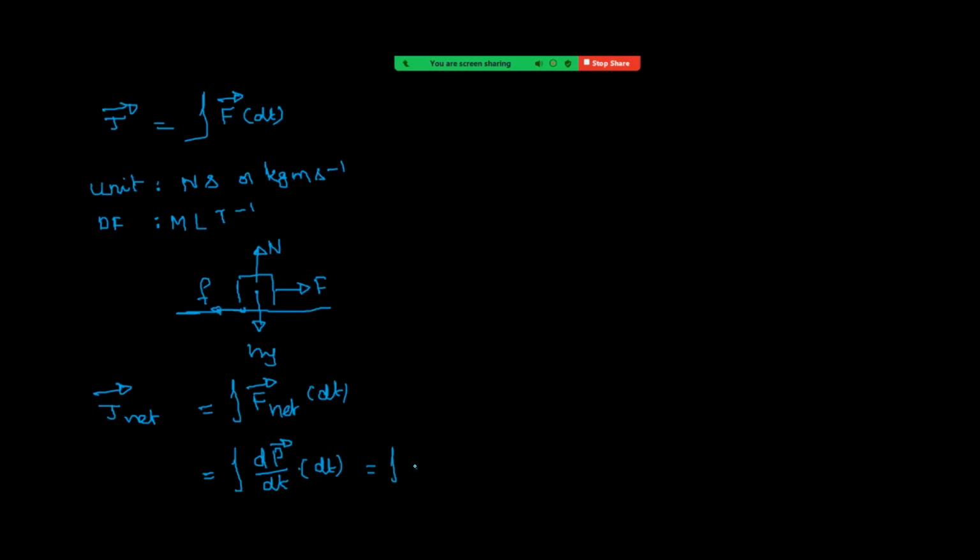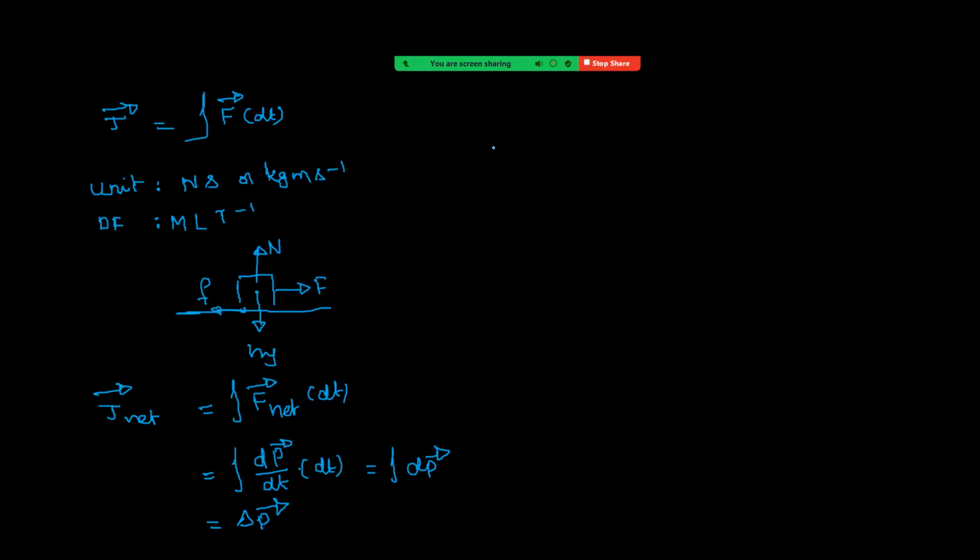It is equal to integral dp bar, which is equal to change in momentum. So net impulse on a particle is equal to the change in its momentum, which is known as the impulse momentum theorem. I am repeating: impulse of a net force acting on a particle is equal to the change in its momentum, and this is known as the impulse momentum theorem.